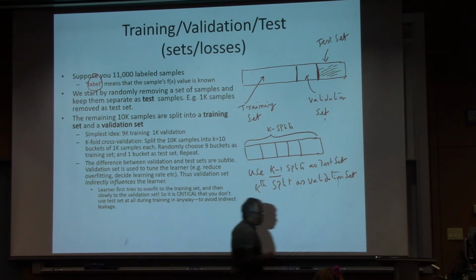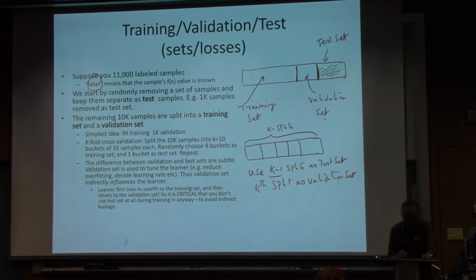Okay, so now if I start with some data and I know the labels, that means I know for each of the pictures, this is a dog, this is a cat, this is a zebra, or for each of the credit card transactions, this is a fraudulent transaction, this is a normal transaction. For mails, this is a spam mail, this is not a spam mail. So those are the labels.